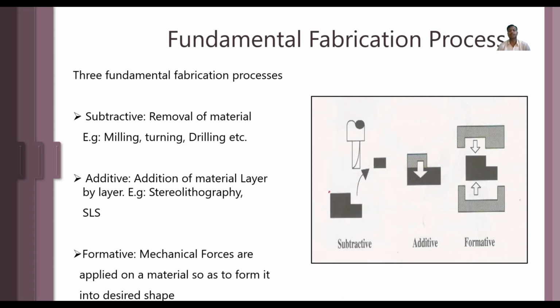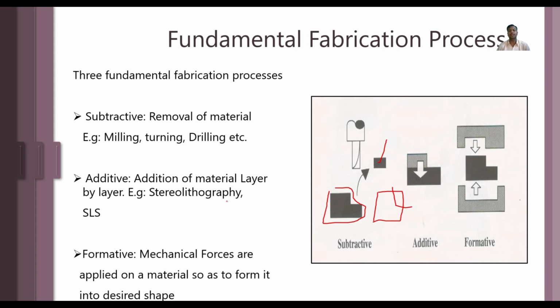To achieve this shape, we initially take one block and try to remove material by doing different operations, maybe a milling operation, so that this material can become scrap sometimes.